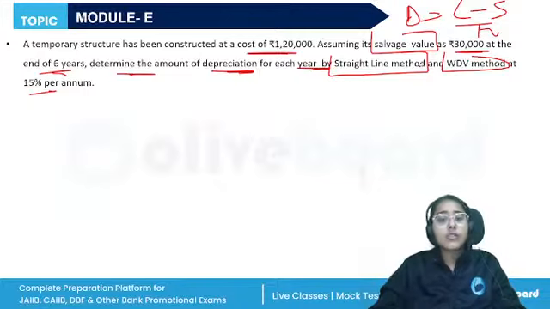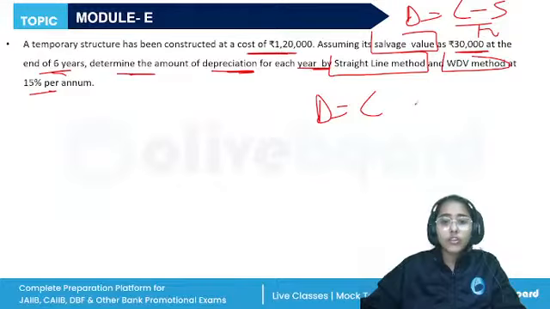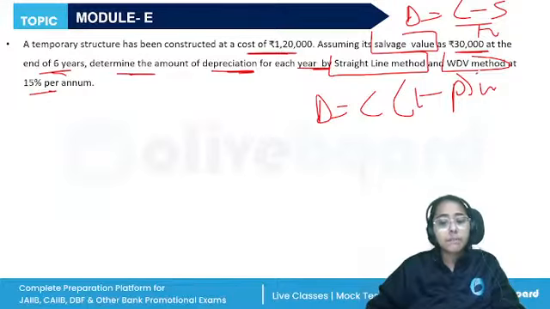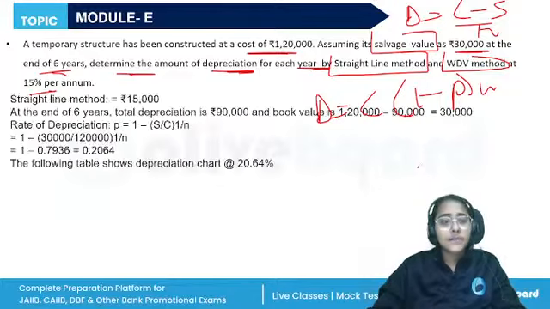So we have the written down value method, which is calculated by D is equal to C, which is the original cost, multiplied by 1 minus P to the power N. C is the original cost, N is the life in years, and P is the percentage at which the depreciation is charged. So all you need to do is remember these formulae and you can easily solve. So let us see the solution.